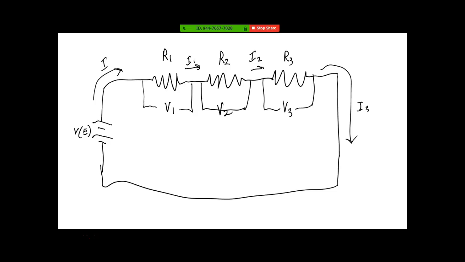Now, based on what I said before, what's the relationship between I1, I2, I3, and I? Remember what I said was true of a series circuit? The same current has to flow through everything.